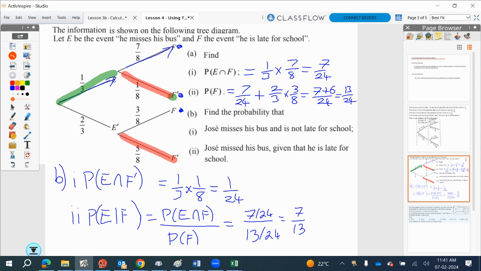So this one here is the probability that he misses the bus and is late for school. That means we have to travel along here. Miss the bus, late for school, you get that leaf node. On this one, we want him to be late for school. So for him to be late for school, he either missed the bus and was late for school, or he caught the bus and is late for school.